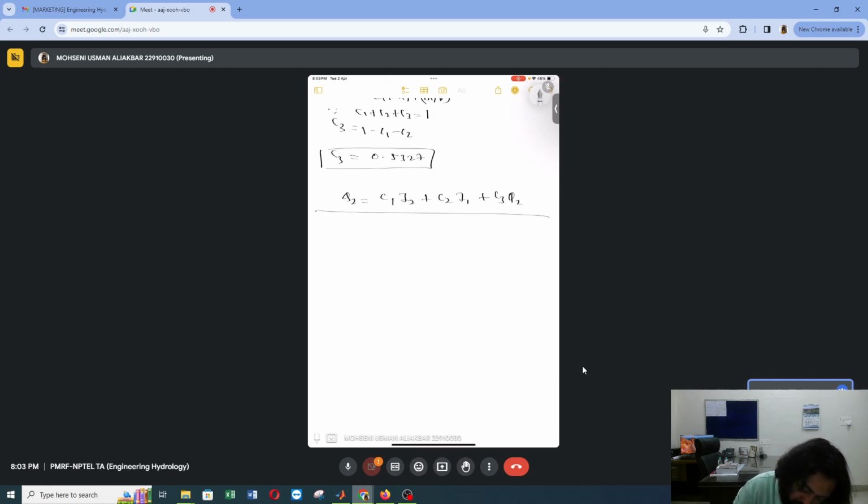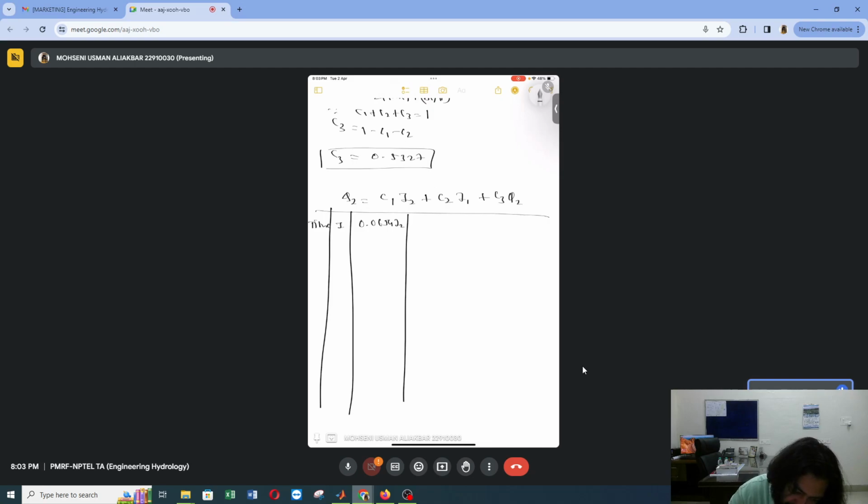The first column of the table would be time, the second column would be the value of inflow, the next column would be C1 of I2, that is 0.0654 of I2. The next column would be C2 of I1, that is 0.4019 of I1.